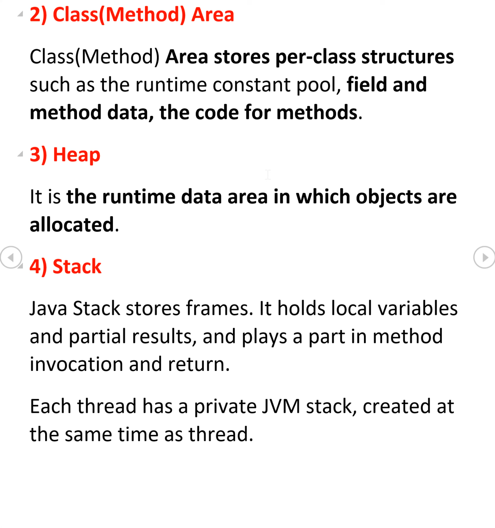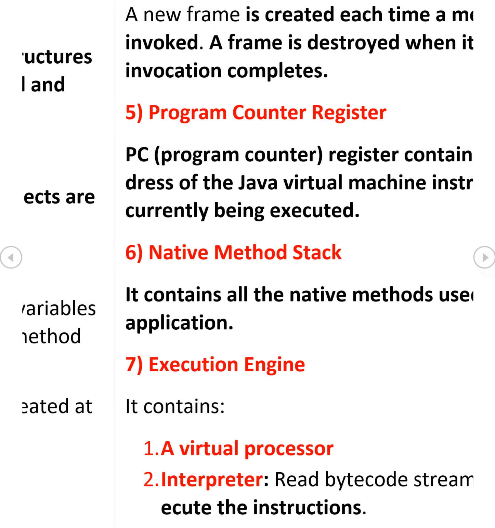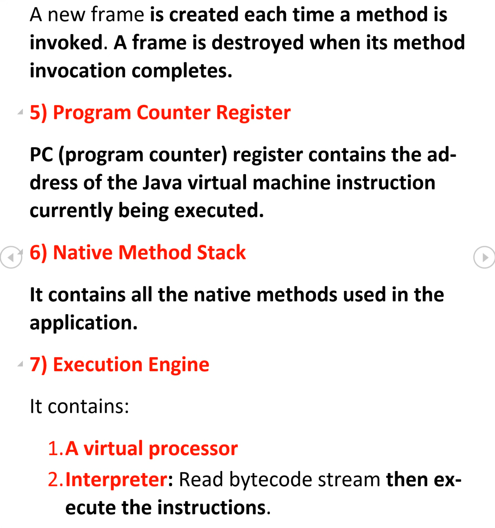Okay, next the stack. If you are creating any thread or calling any method, it will go to the stack only. A new frame is created each time a method is invoked or a thread is created or executed, and the frame will be destroyed when the method invocation is completed or the thread lifecycle is completed.